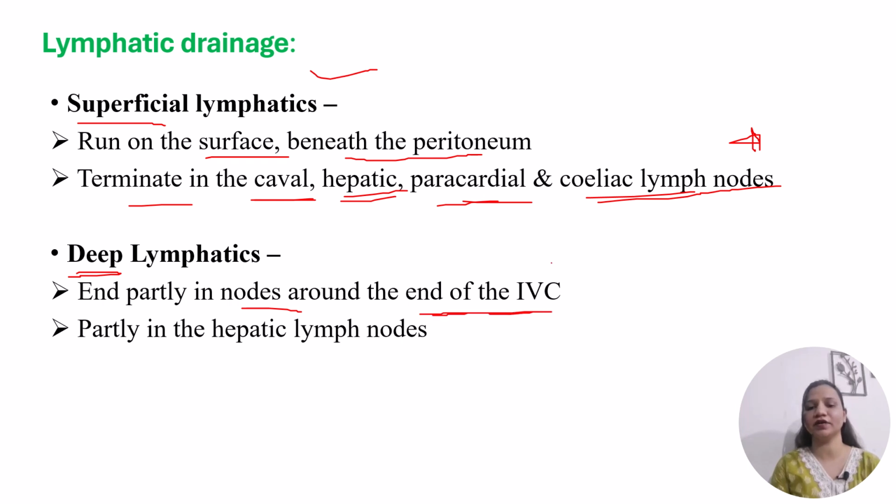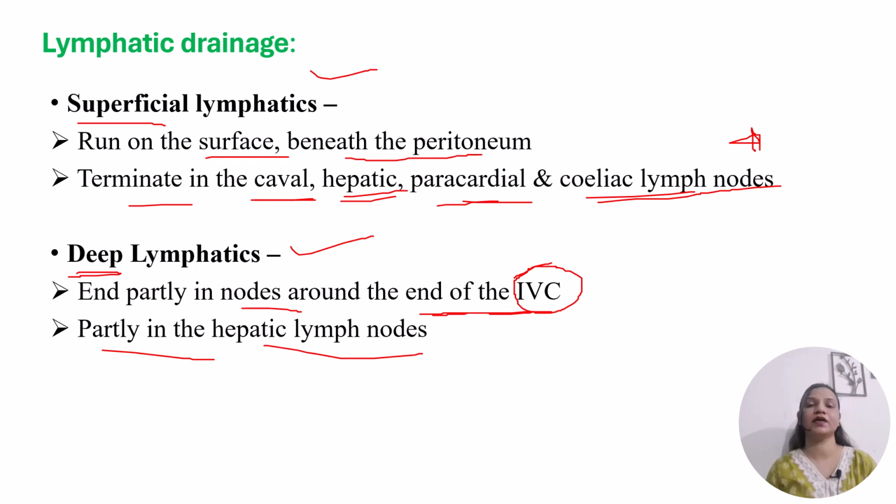At the end of the inferior vena cava there are lymph nodes, and these lymphatics drain into those lymph nodes, and partly into the hepatic lymph nodes, that is, the nodes of the liver.